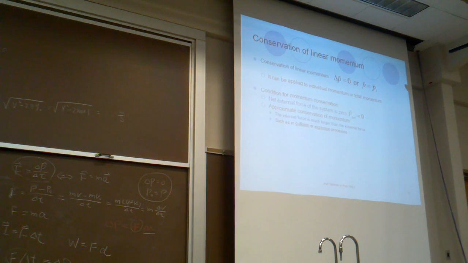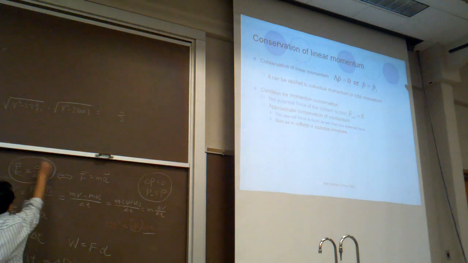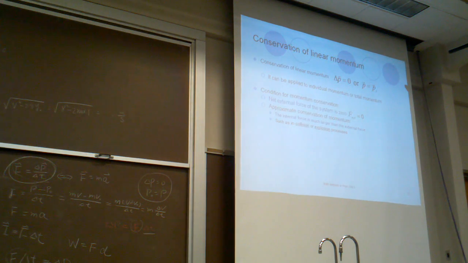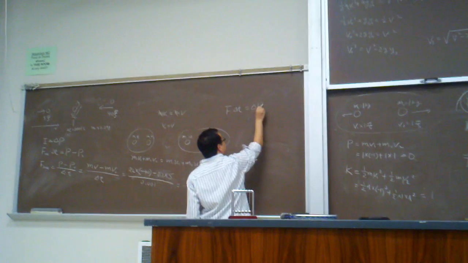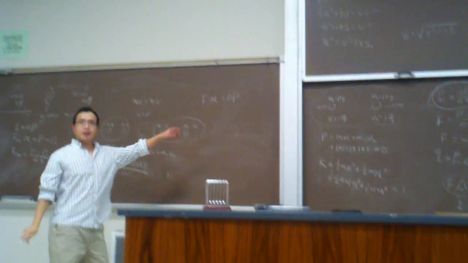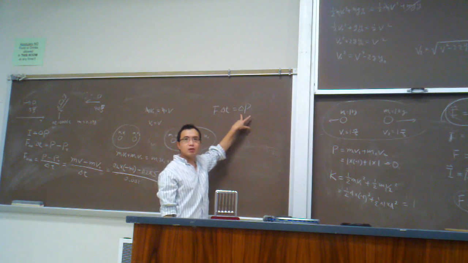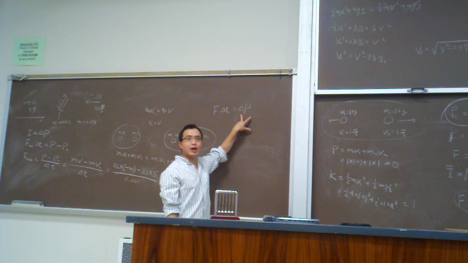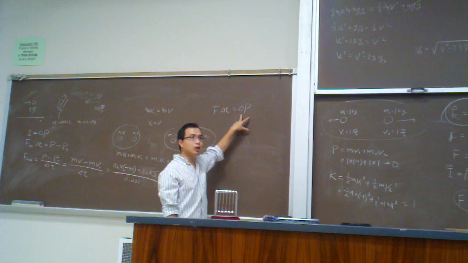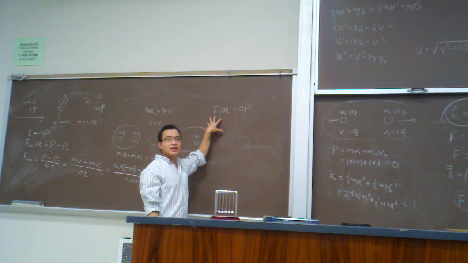Let's look at the impulse momentum theorem: F multiplied by delta t equals delta p. If you want delta p to equal 0, you have to make the left-hand side of the equation equal 0.